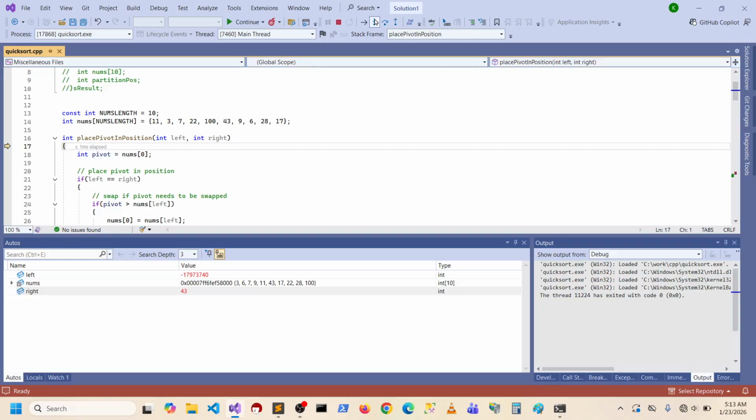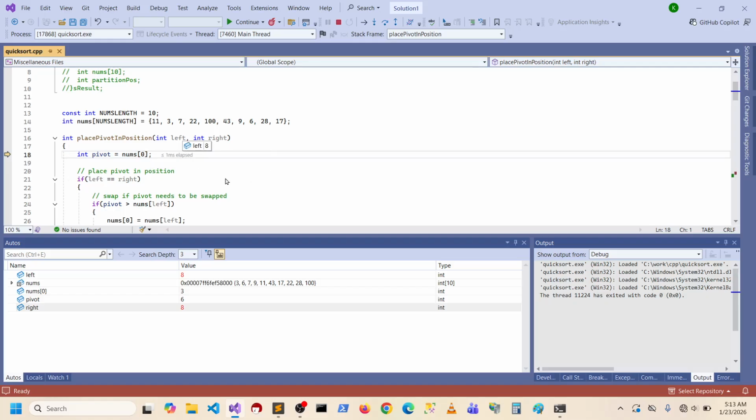Alright, so pivot is nums 0. That's definitely wrong. Should be nums left. That is not gonna work.